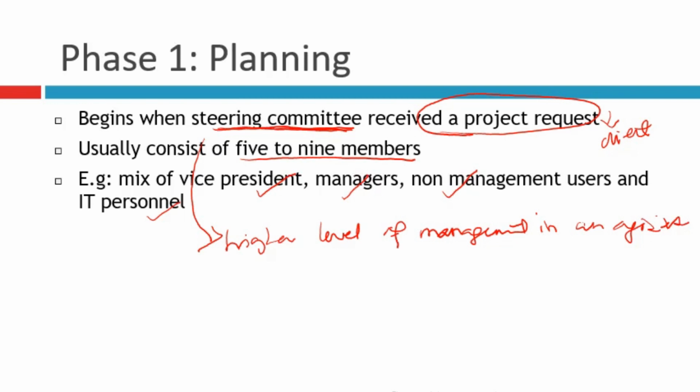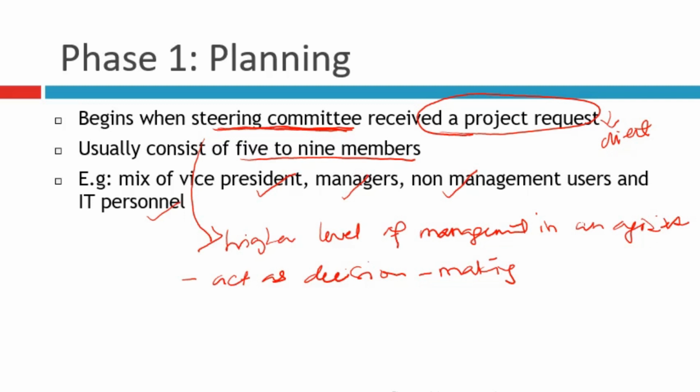Normally they act as the decision-making group, the people who make decisions, to whom we assign responsibility for decisions on whether we have to continue, postpone, or stop the project.